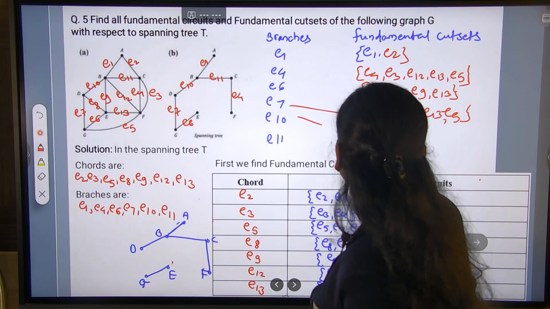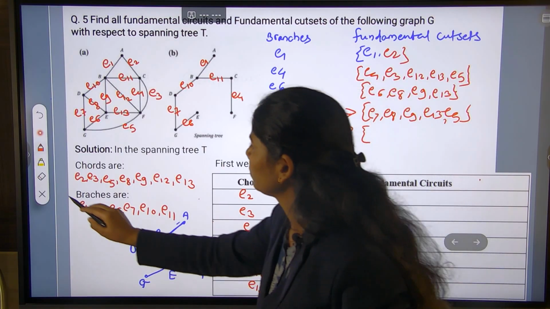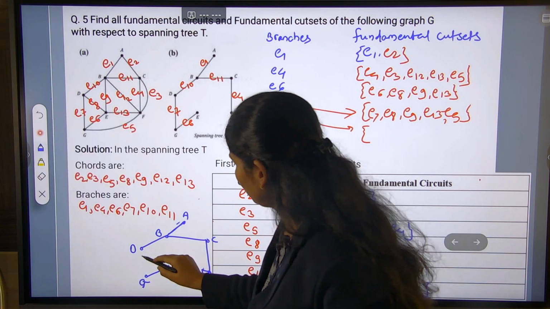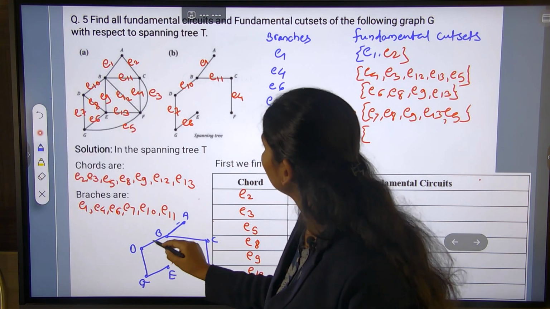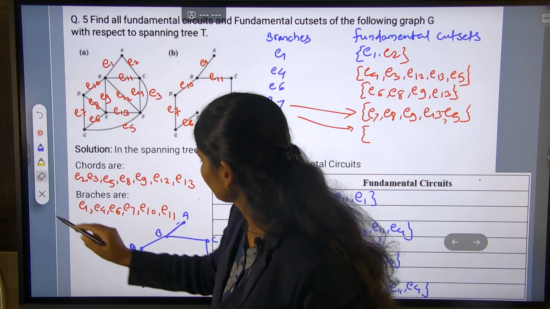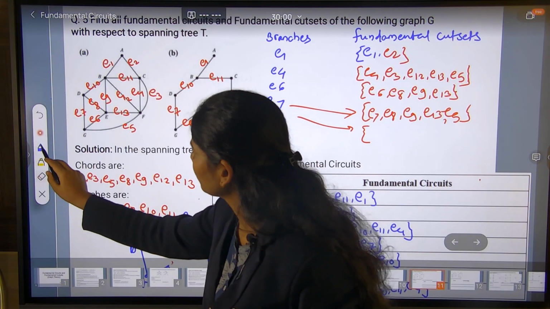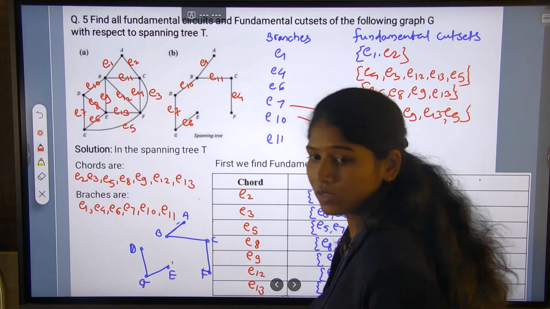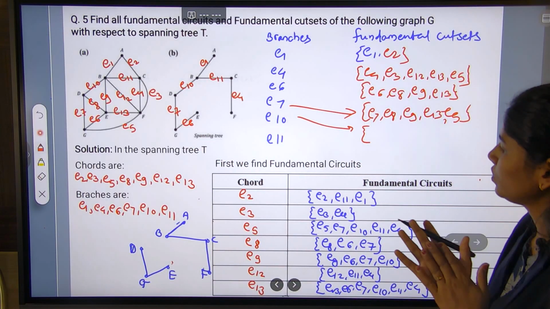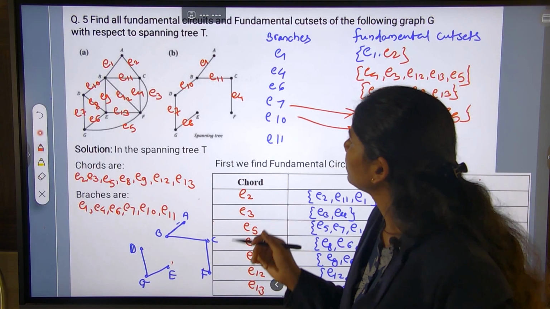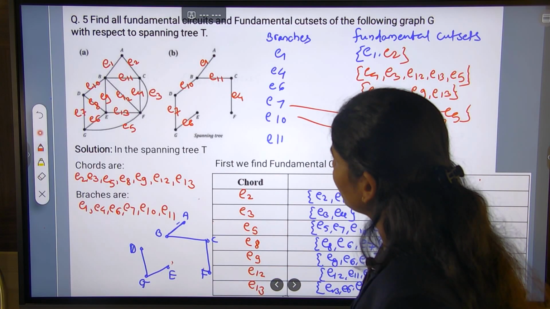So for E10, E10 means we need to remove the edge between B and D. So again we get two disconnected components, check which edge can connect them.